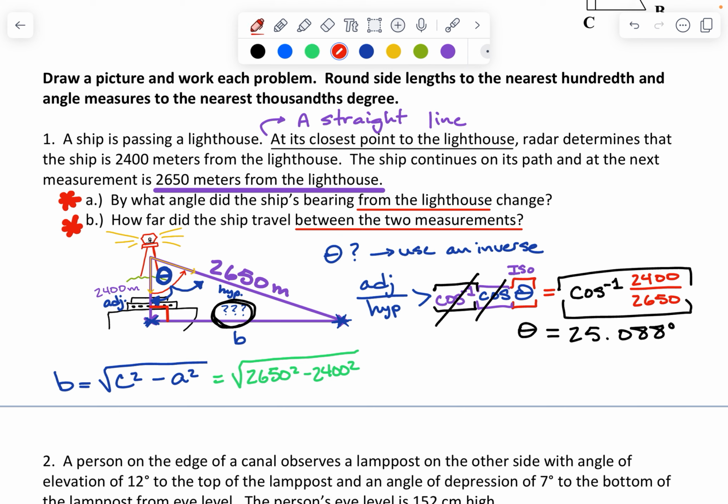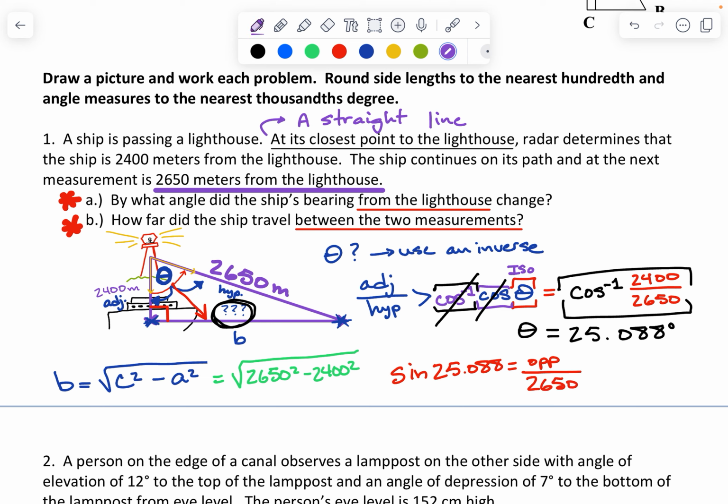The second way you could solve is you could say, okay, that's the side opposite of my angle. So you could say that sine of 25.088 equals the opposite over the hypotenuse.